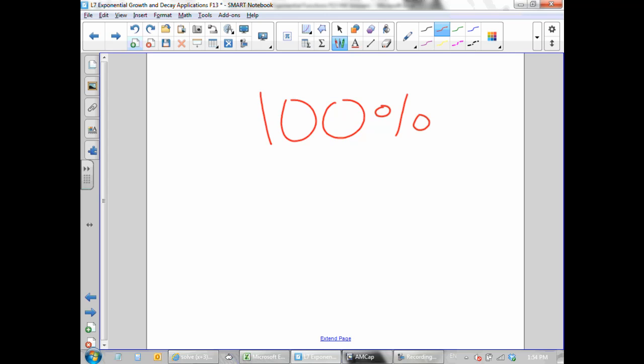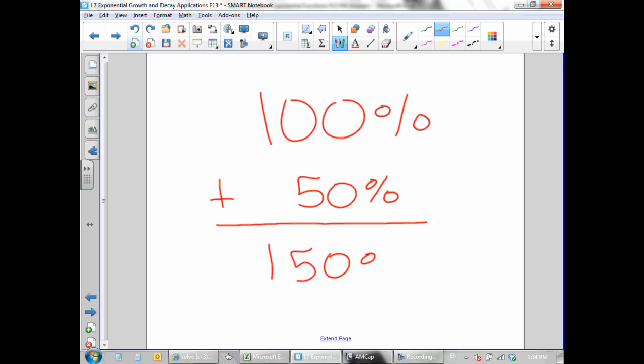So if you're going to do something that causes this to grow by 50%, well, if you're going to grow by 50%, you would add 50. And you have 150%, which you could then change to a decimal as 1.5.